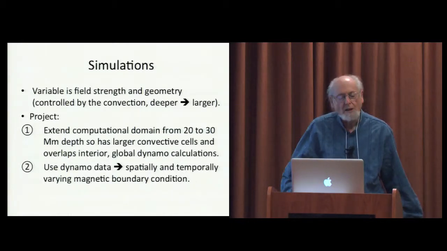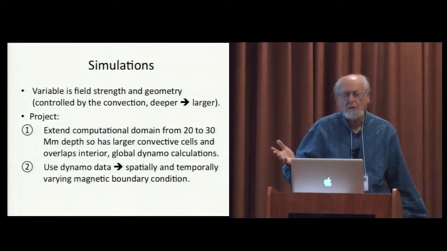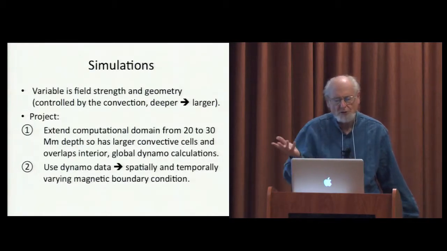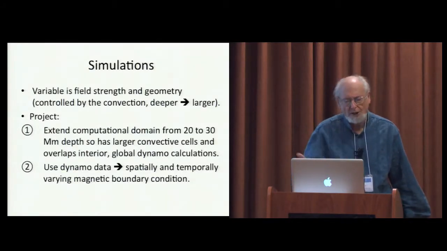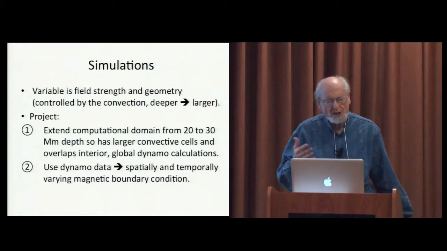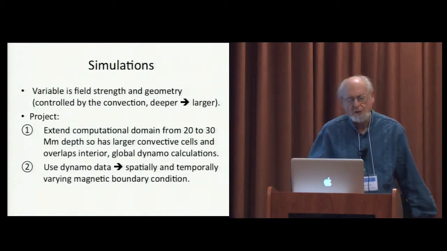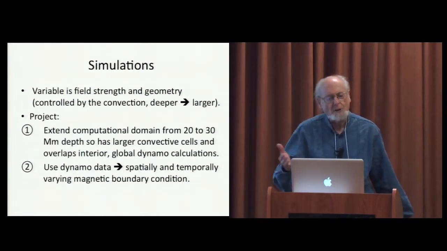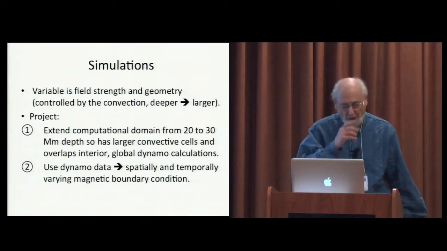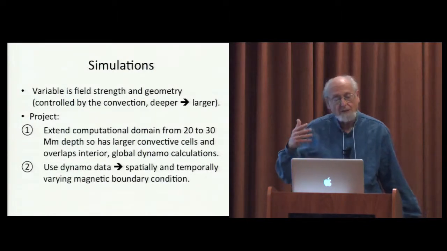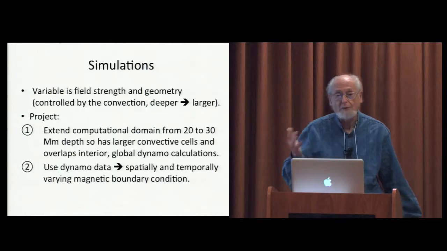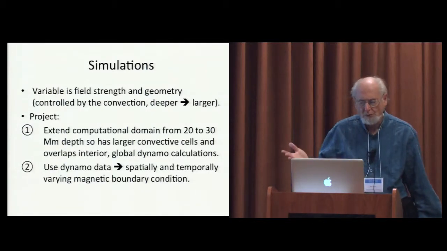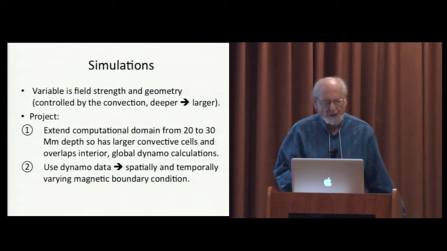One is we've been doing simulations, and I'll show some results, in a domain that's 20 megameters deep. But I'm trying to extend that now to 30 megameters, so there'll be an overlap with the people who are doing the interior dynamo simulation, so we can take values from their simulations but away from their boundary, so we're not affected by boundary effects.